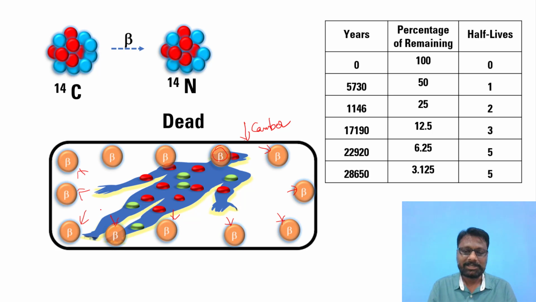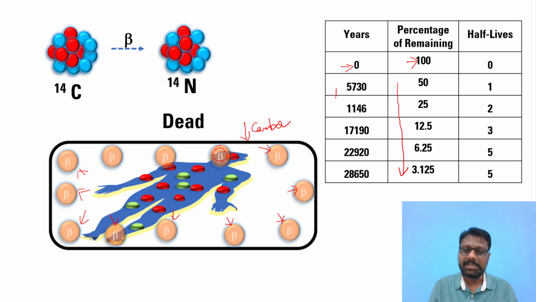When we look at the half-life of C14, at time 0 the individual has 100% C14. There won't be any intake of C14 by the dead individual, so you will always see a decrease in the concentration of C14.